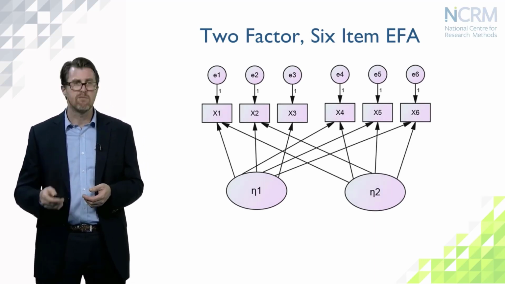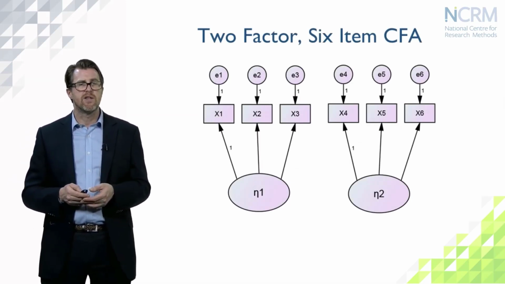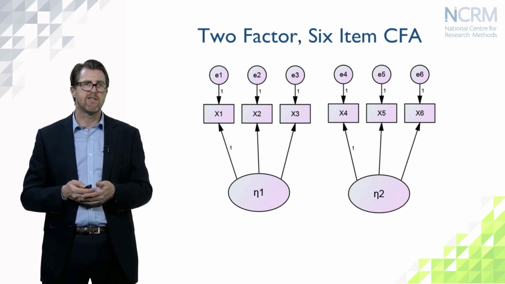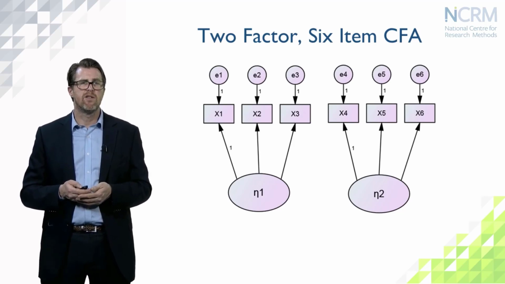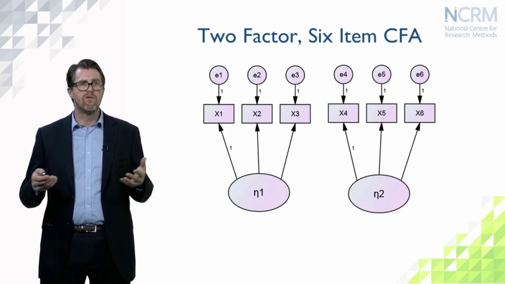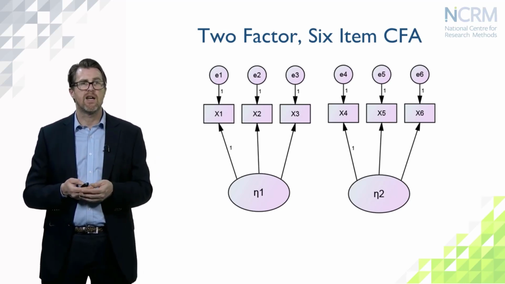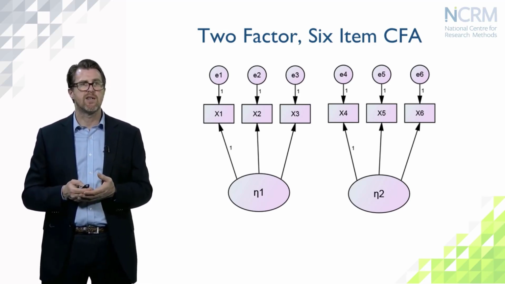By way of contrast, the same variables and the same two factors now in the form of a confirmatory factor model, now rather than having estimates for all of those relationships between eta 1 and x1 to x6 and eta 2 and x1 to x6, we say that there is no relationship between eta 1 and x4 to x6.